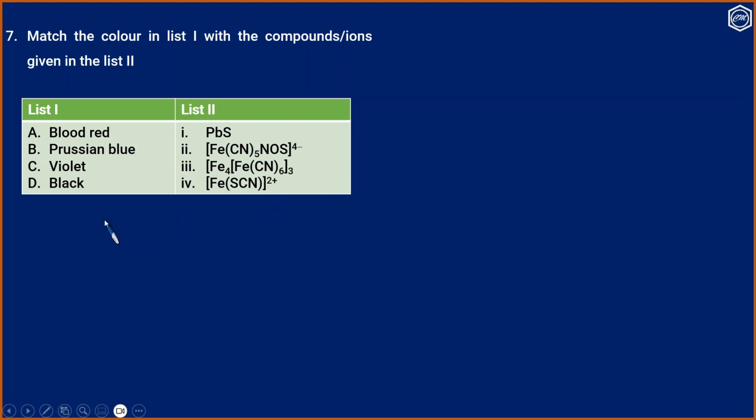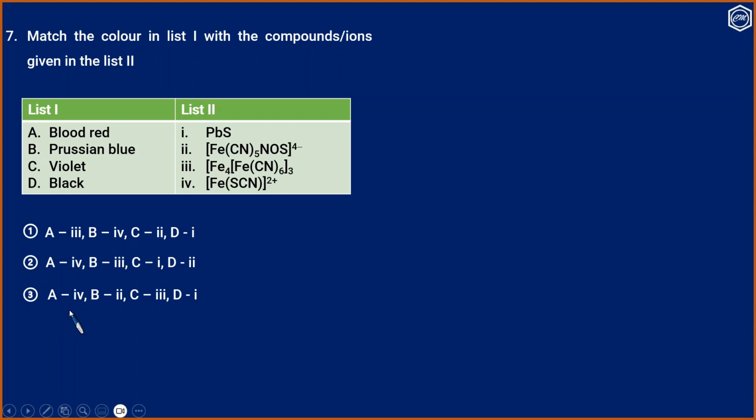The options given are: option 1, A to 3, B to 4, C to 2, D to 1; option 2, option 3 and option 4.